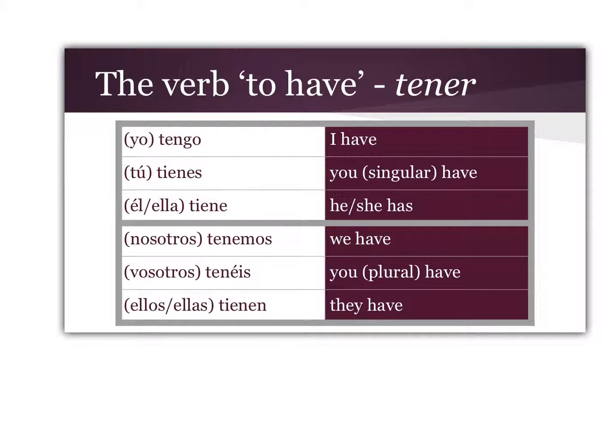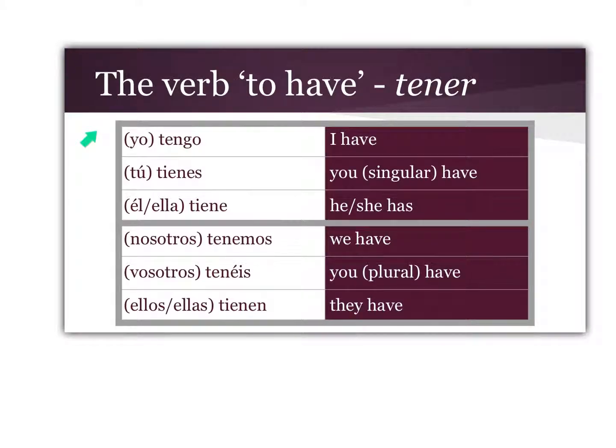Do you all have a cat? Similarly, the third person plural form is the plural of the third person singular. If I am talking to somebody else about more than one other person, about them, they have a cat, I need to use this person. Ellos tienen un gato.